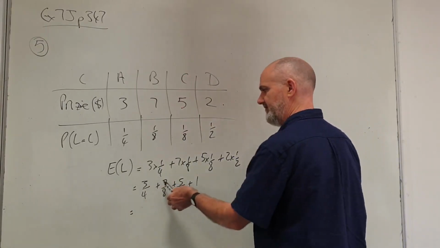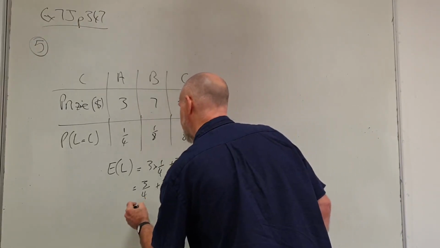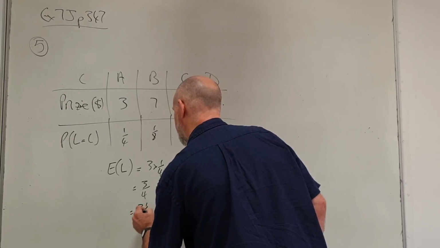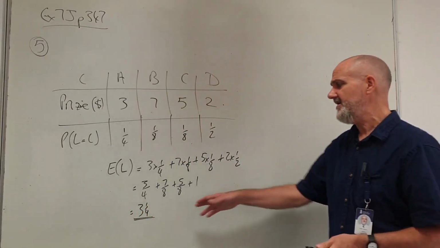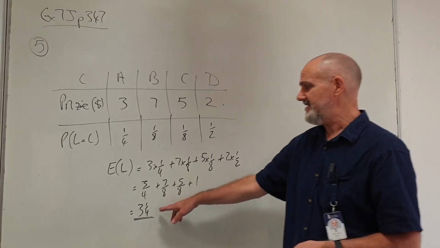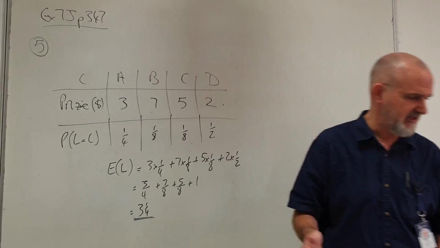So that's 6 over 8, 13, so 18 over 8, which is 9 over 4 plus 1, so that's 3 1/4, or 13 over 4. So that's the expectation. Now when you get a game like this, that's the expected return. So when someone plays this game, they expect $3 1/4 in return.